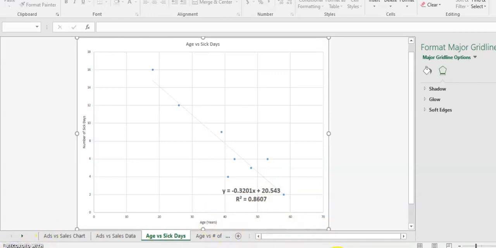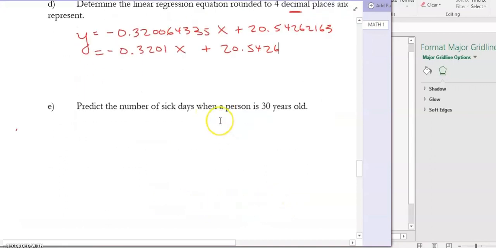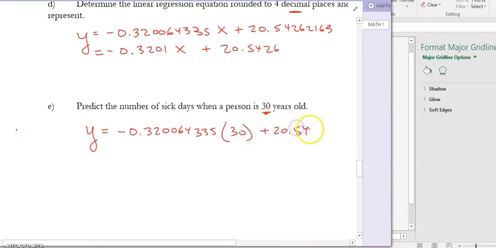So next, what we're going to do is predict the number of sick days when a person is 30 years old. All right, so once again, what does that mean? We're going to substitute x is equal to 30 into our equation. And once again, I'll use the unrounded value. Times 30 plus 20.54262163.